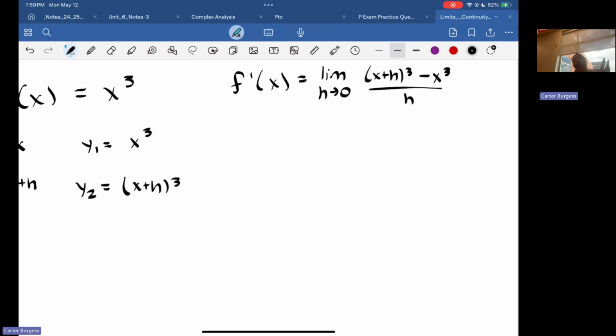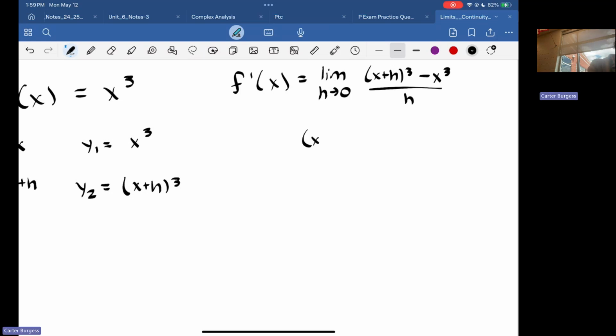Okay, what do I need to do to simplify this expression? We're going to need to do some Punnett squares, right? We need to take that (x plus h) cubed term, multiply it out as much as I can, and then we'll see, can we do some simplification there? Hopefully it makes the h cancel. If it doesn't, then we're probably going to be out of luck, but we'll see that it will.